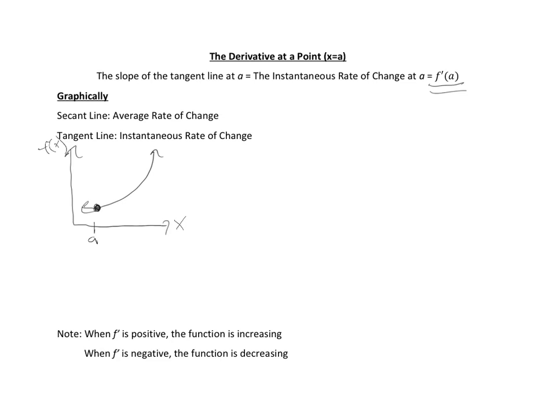The secant line is where we pick some other point and we connect them. And so the slope of that secant line, that is actually the same thing as the average rate of change that we were previously looking at. And what we want to do is keep moving secant lines closer and closer to that a value until eventually we are exactly at that a value.